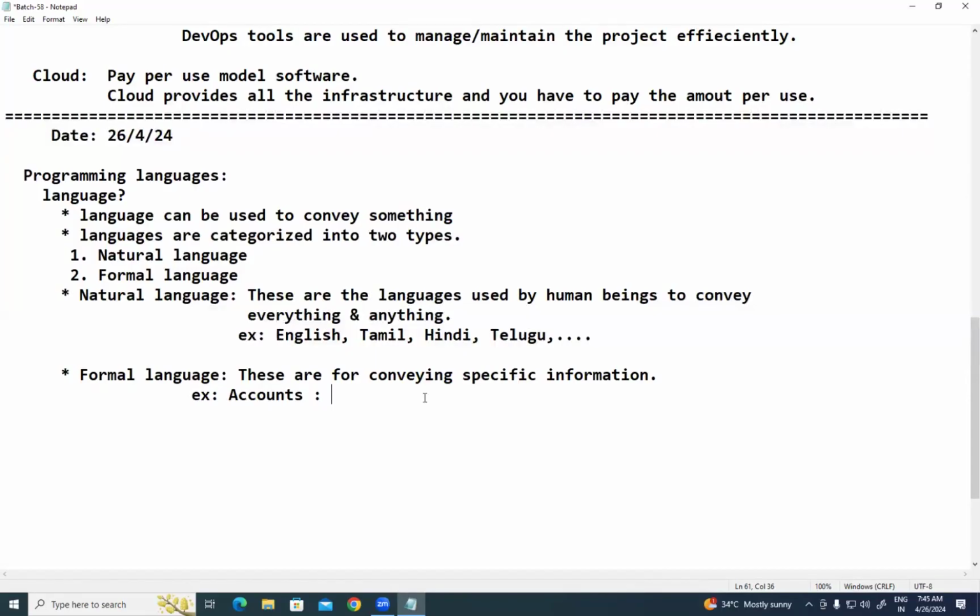So in accounts, we can only convey specific information. We can convey information like profit, loss, expenses. Am I clear? Accounts cannot be used to convey everything, right? Accounts can only be used to convey specific information.